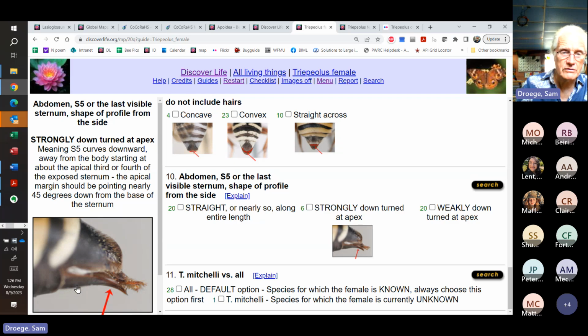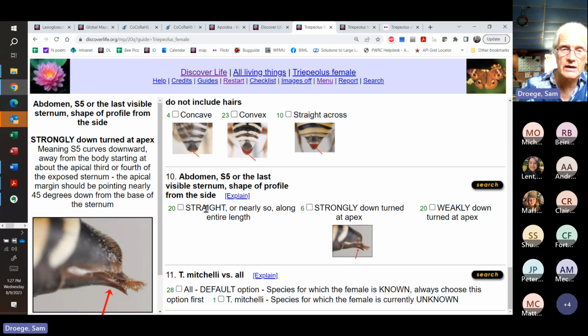Strongly turned down, where it's bent down, it's curved over, it's not a straight line. And then weakly turned down. Weakly is an ambiguous term. So if something is weakly turned down, it might very well also be scored for straight and strongly turned down.